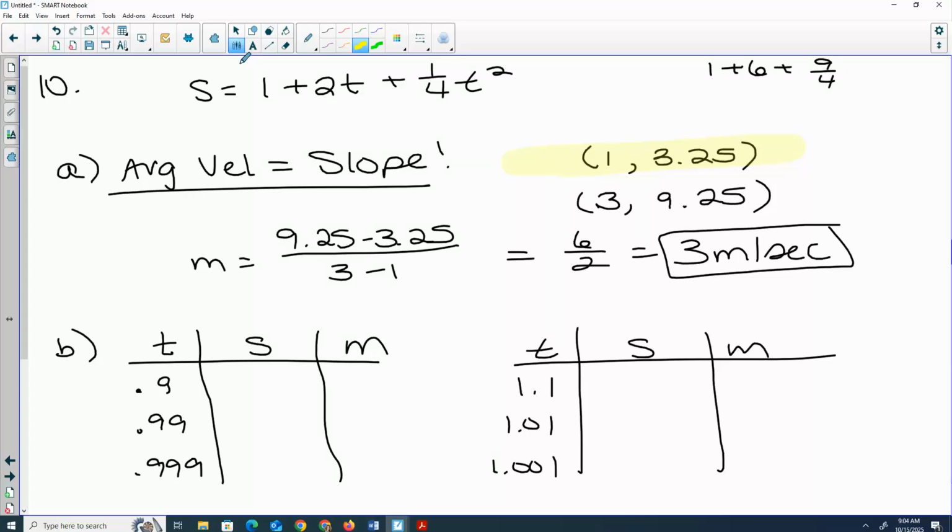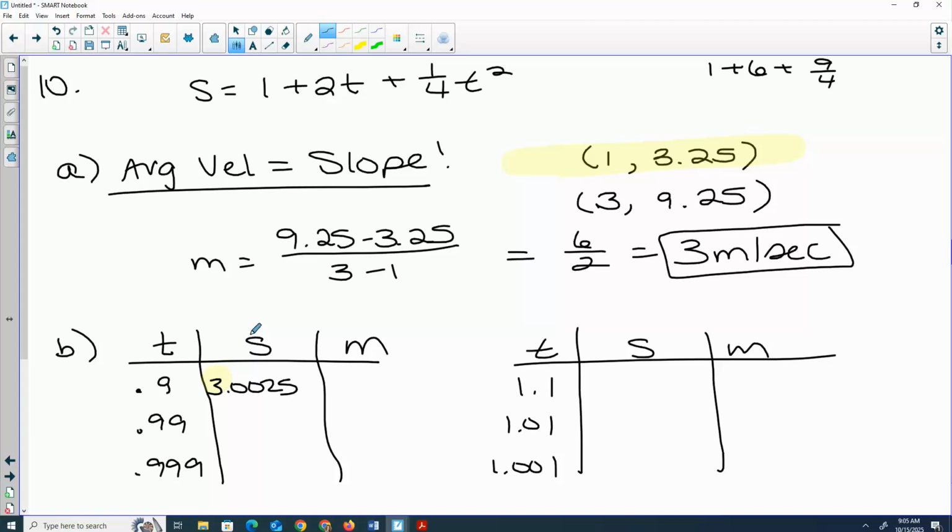First I have to plug these things in to get my y. So if I put in a 0.9, we get 3.0025.